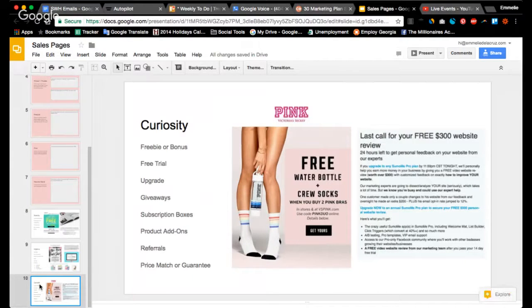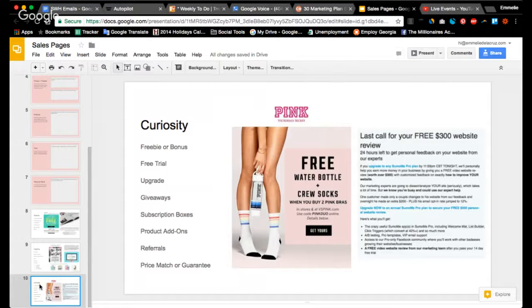And then curiosity. What are the ways that you can make people curious about your product or service? Are you going to offer them a bonus? Are you going to offer them an upgrade? Are you doing a giveaway?